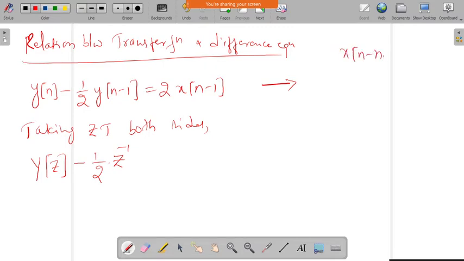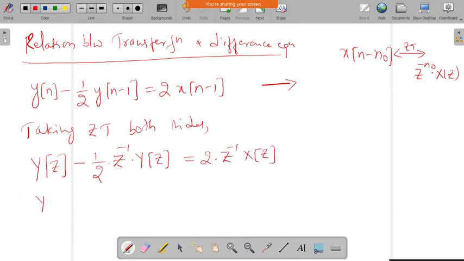So its corresponding z transform will be z power minus n naught into x of z. Okay. Similarly here we are using half into, this n naught value is 1, so that's why it is z power minus 1 into y of z. Similarly here 2 into z power minus 1 into x of z.